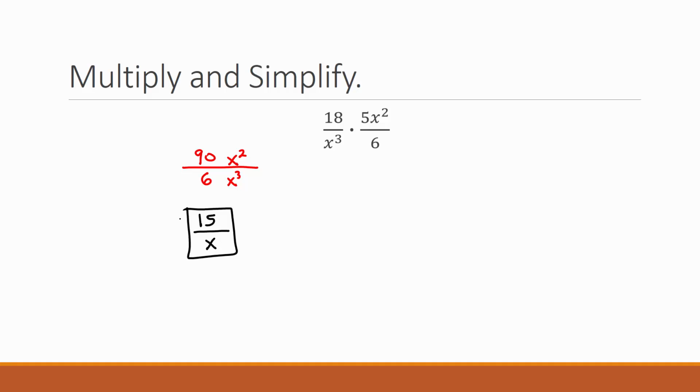Now, you can do it that way, or you can use your prime factorization and then cancel out the common factors that way. Expand the problem completely out. So 18. The prime factorization of 18 is 2 times 3 times 3.